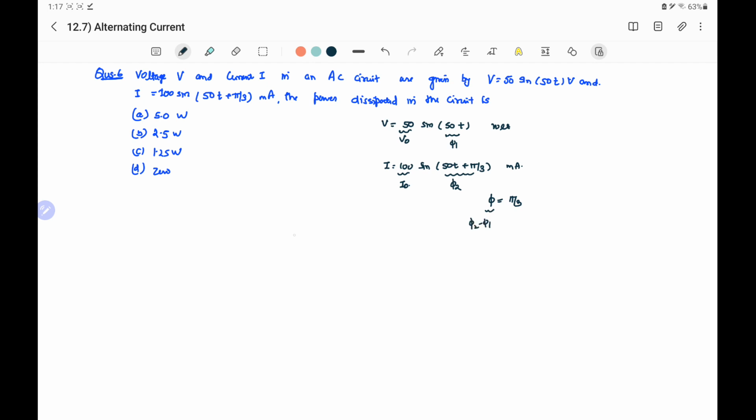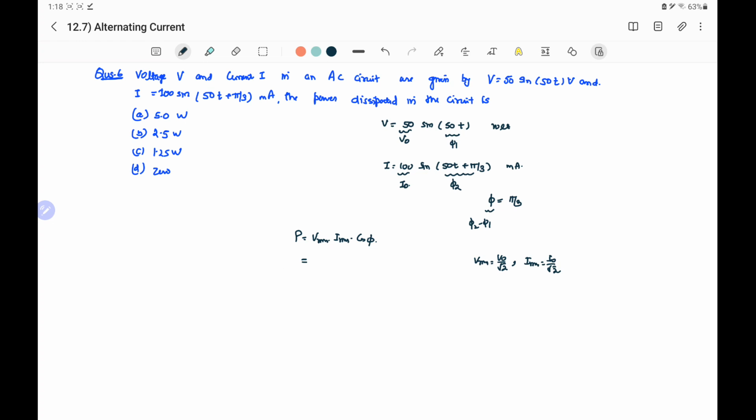Now we know that power dissipated in the circuit is Vrms into Irms into power factor cos phi. Vrms is equal to V naught by root 2, that is 1 by root 2 times the peak value of the voltage, and Irms is equal to I naught by root 2.